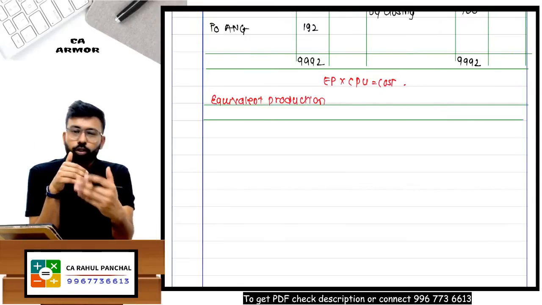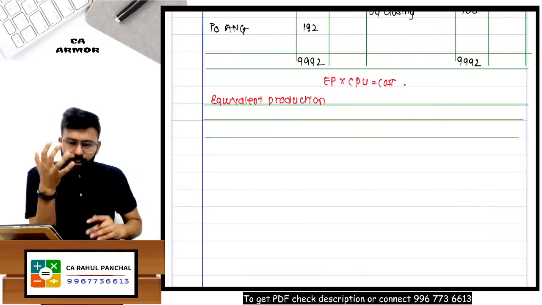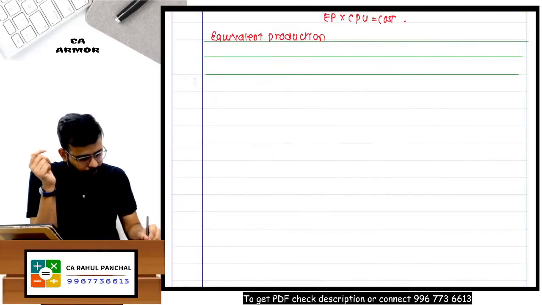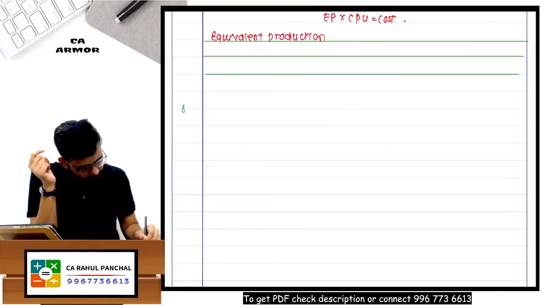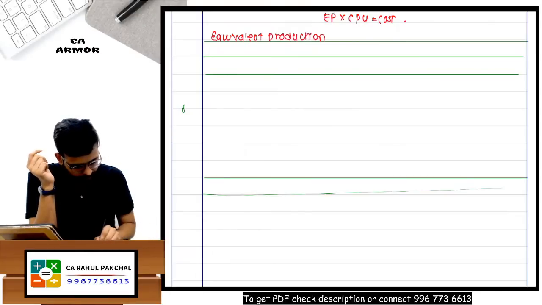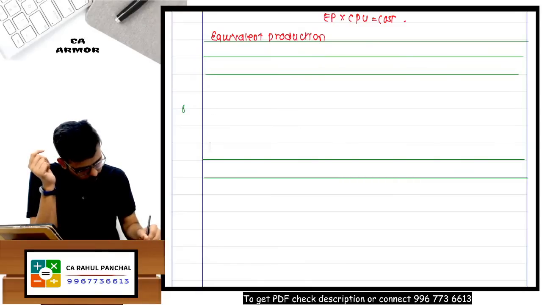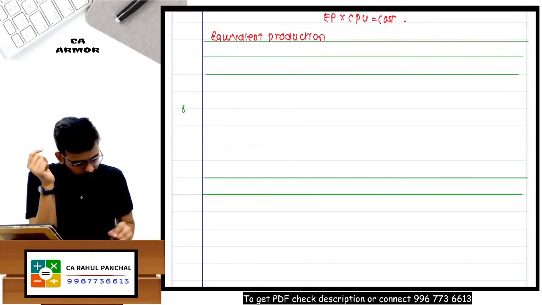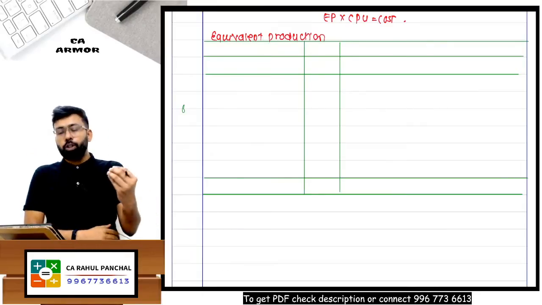Then we will take a small break once we are done with this part. Like this you will draw 2 lines, then leave 6 lines in between: 1, 2, 3, 4, 5, 6. And this is fixed: one particulars column and one quantity column will come.